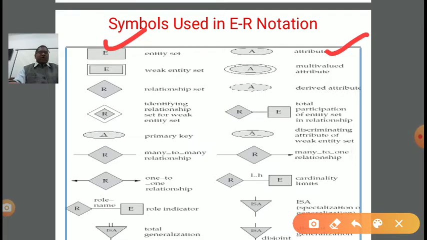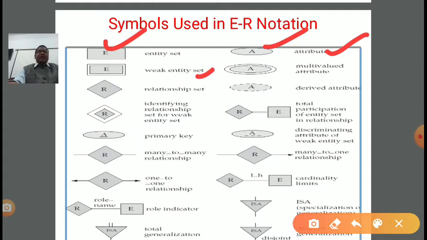Now next is attribute. Attribute is the property which is satisfied by some entity, which is defining some entities. And attributes are represented with the help of an ellipse. If you see here, the ellipse, and inside the ellipse we write the name of the attribute. Next is weak entity set. So what is a weak entity set?